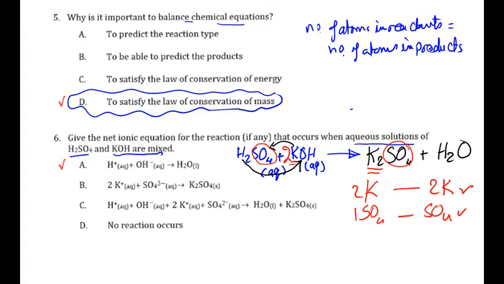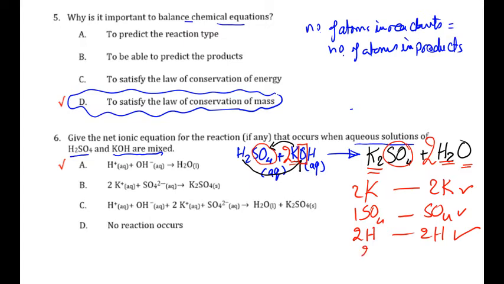On the left side we have 2 hydrogen atoms. On the right side we have 2, so hydrogen is balanced. Oxygen, 1 O, no, it's 2 O on the left, and on the right side I have 1 O. We need to balance oxygen. In order to balance oxygen, I will put here 2 in the coefficient.